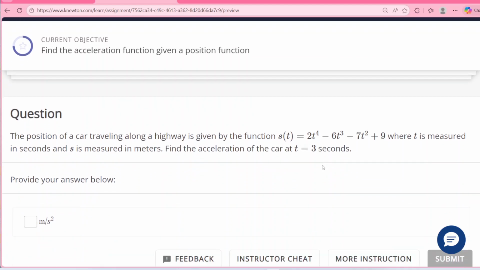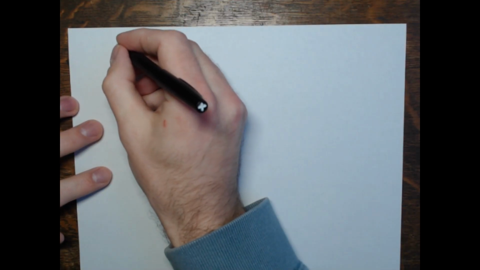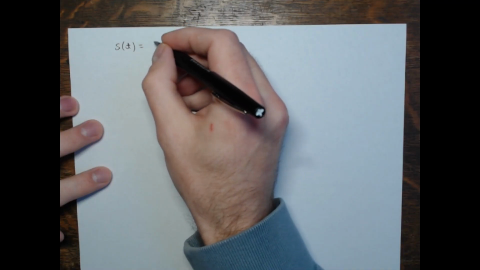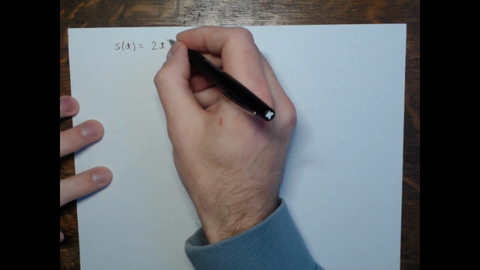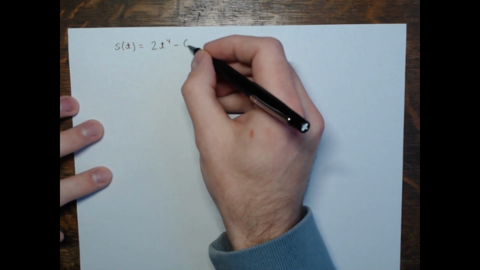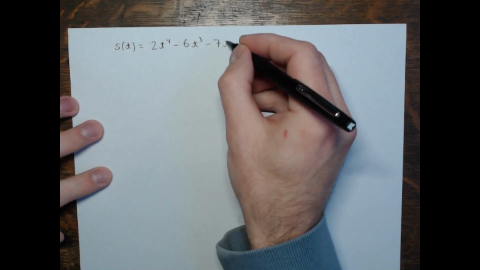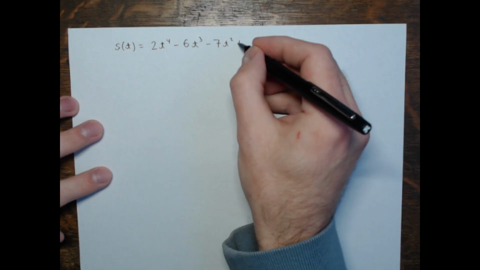All right, so this is pretty much the same thing. Given a position function, asked for the acceleration at 3 seconds. I'm not going to write all the units. They got the meters per second squared there already. So again, position function given by another polynomial, 2t to the fourth minus 6t cubed minus 7t squared plus 9.